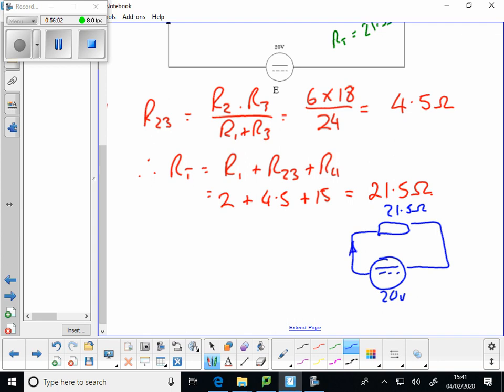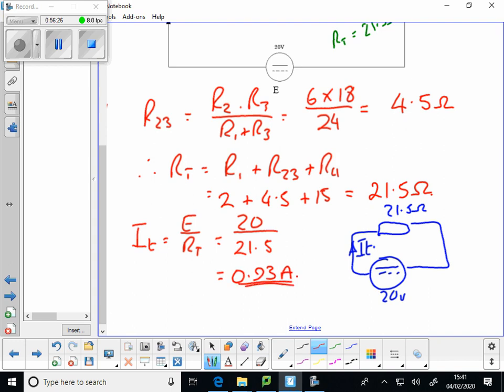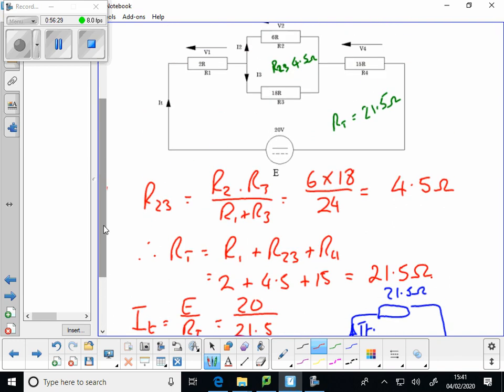So we can calculate this IT. IT is E over RT, 20 over 21.5 equals 0.93 amperes. So again, do it in green, nice and calculate the value, 0.93 amps.